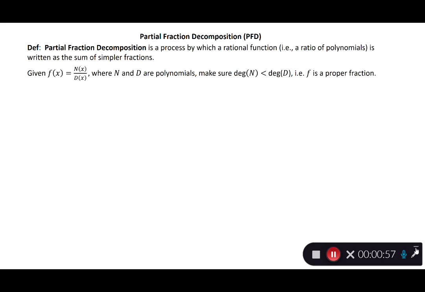If you have 3/4, that's a proper fraction. However, if you have 7/5, that's an improper fraction. What's the distinction? In the case of 3/4, the numerator is less than the denominator. That's what makes it a proper fraction. Whereas 7/5 is improper because the numerator is bigger than the denominator.